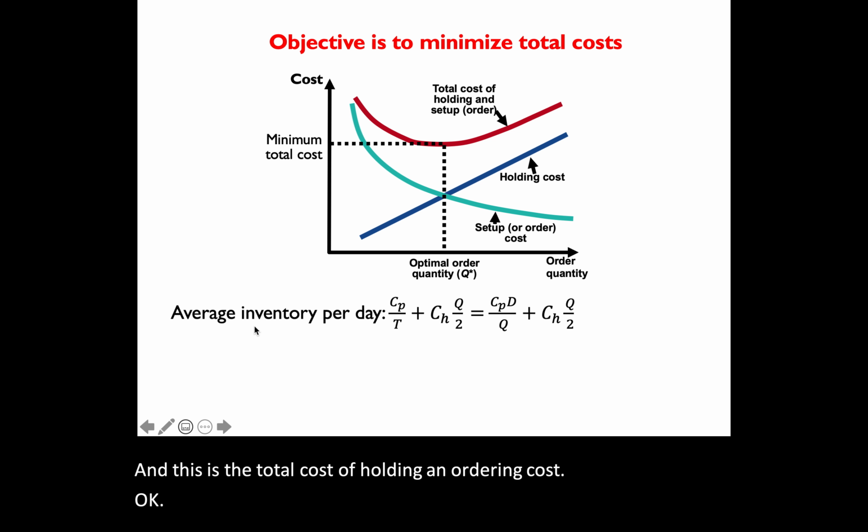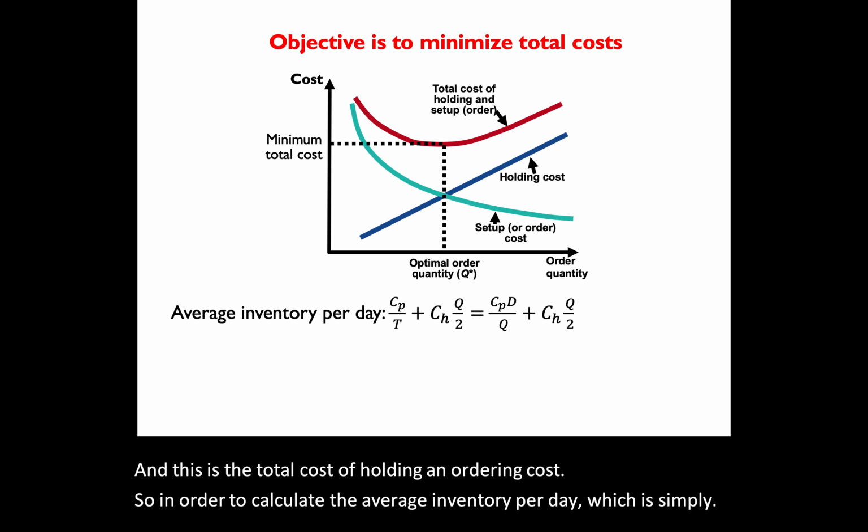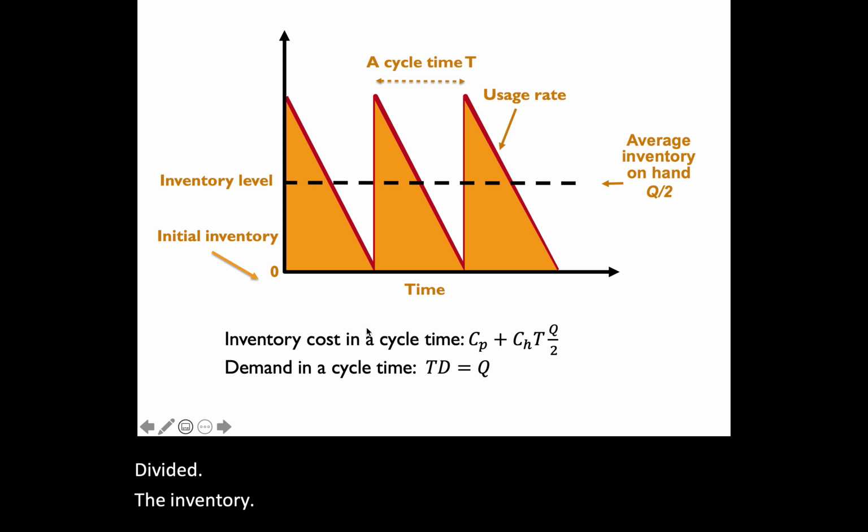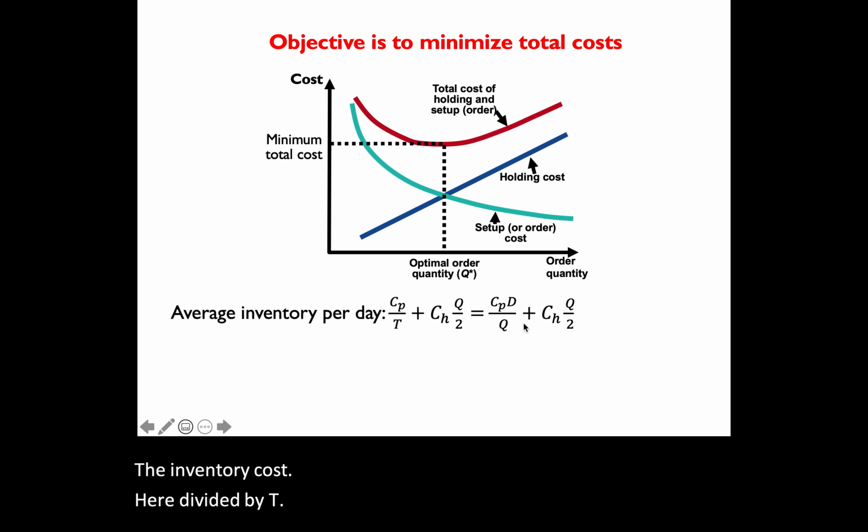Okay, so in order to calculate the average inventory cost per day, we just simply divide the inventory cost here by T. Okay, well, I'm sorry, this should be the average inventory cost per day.